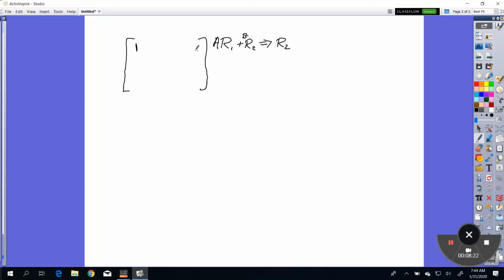But when I combine those, I want to make sure that those first terms go away. Most likely, if I've got a 1 in my first spot, I don't have to multiply row 2 by anything. If that's a 1, you won't have to do anything more on row 2. And then I'm going to have to do the same thing with row 1.